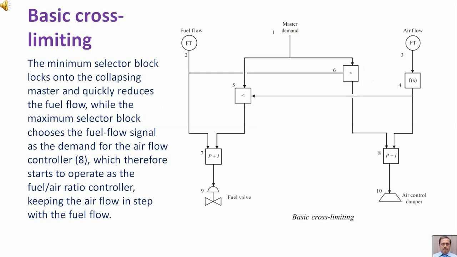The minimum selector block locks onto the collapsing master and quickly reduces the fuel flow, while the maximum selector block chooses the fuel flow signal as the demand for the airflow controller, item number 8, which therefore starts to operate as the fuel-air ratio controller, keeping the airflow in step with the fuel flow.